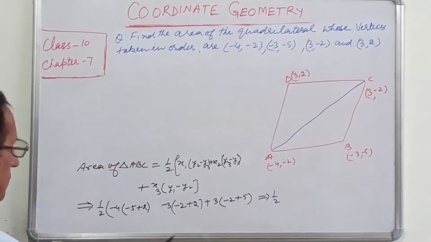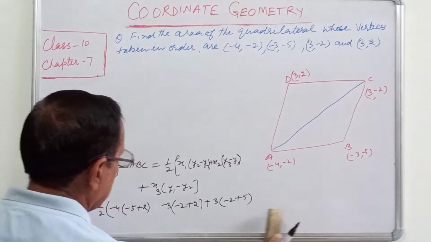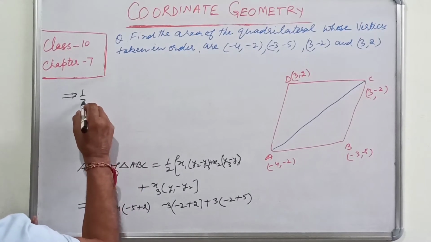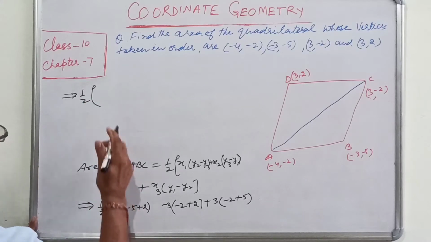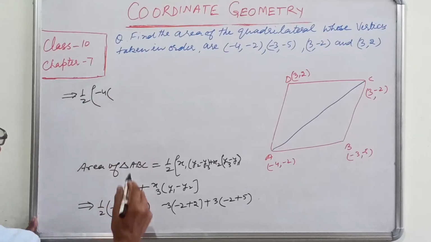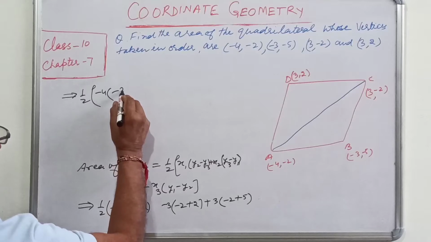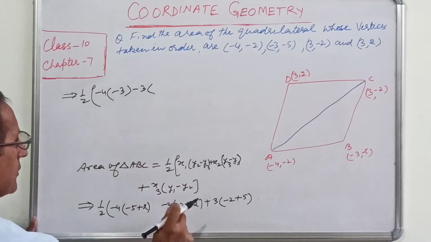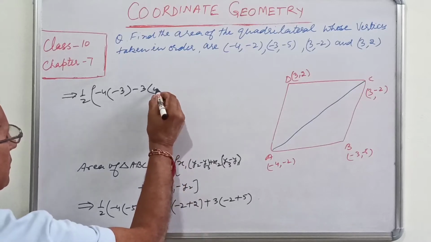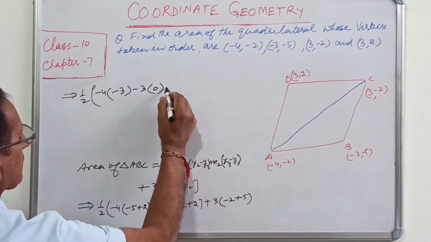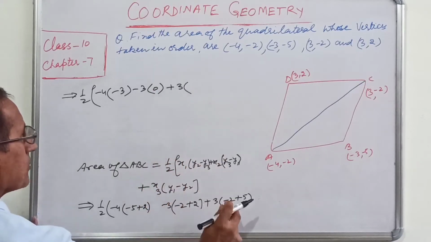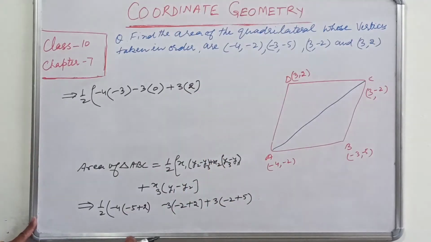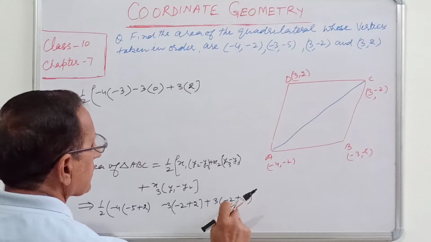Area is equal to 1/2 into -4 multiplied by -3, into... and this becomes 0, plus 3 into 2, 5 minus 2 that is 3.